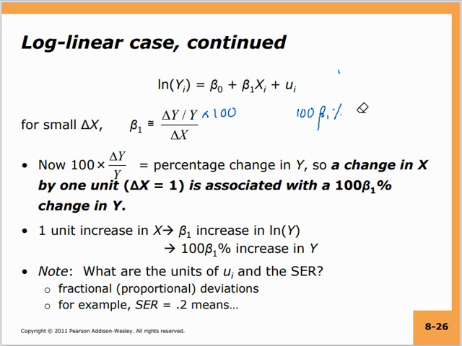If you want to see the percentage change in y, that will be 100 times beta 1 hat. So a 1 unit increase in x results in a beta 1 increase in ln y, or a 100 times beta 1 percentage increase in y.